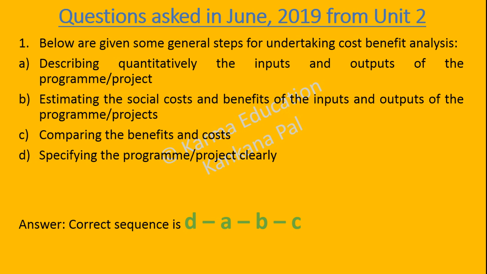Second thing is that need to describe input and output, of course monetarily. Third, estimation of social cost and benefit of input and output of the prescribed program. And finally, compare the cost and benefit. So the correct step of cost benefit analysis will be here. Option D will be first, then A, then B, then C.